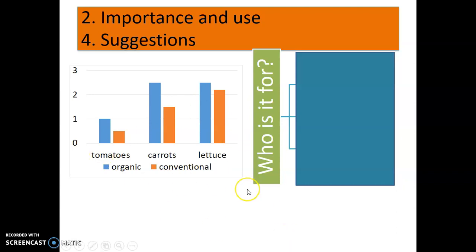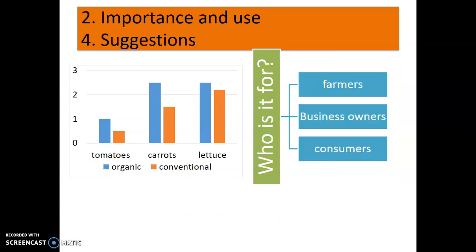Well, I think, and it's my opinion, you can have something different, I think it's useful for farmers, for business owners who have shops, supermarkets or grocery stores, and for consumers, to know which ones to buy, because different consumers have different needs and different abilities. You can write your own answers, of course.